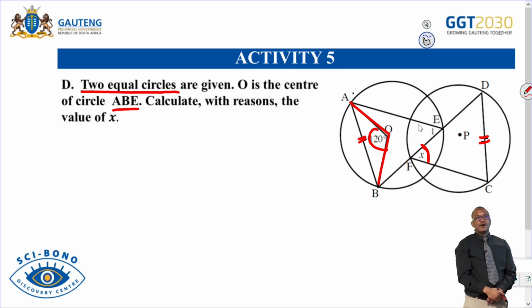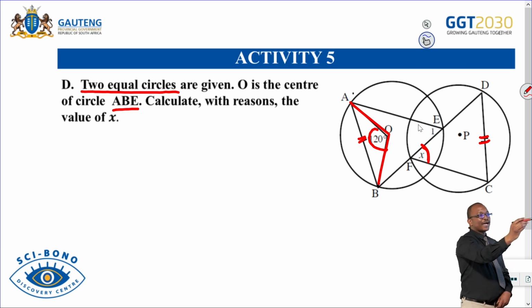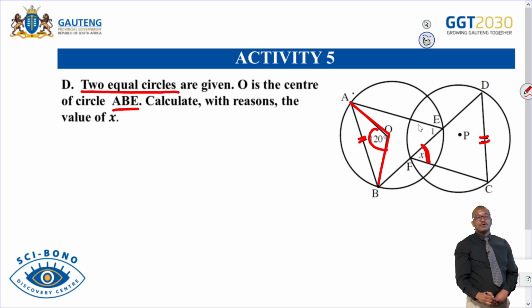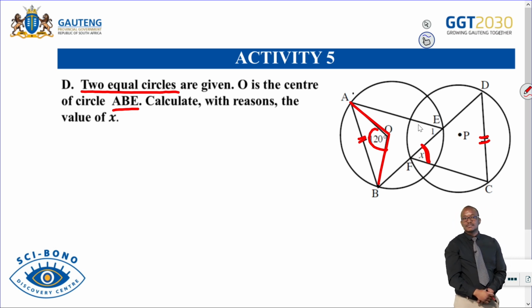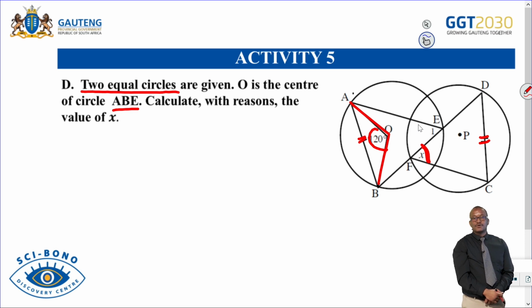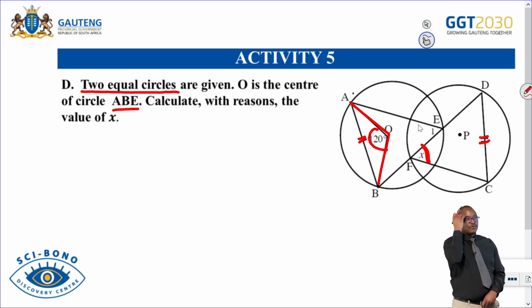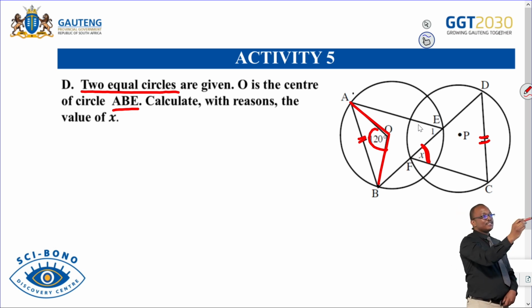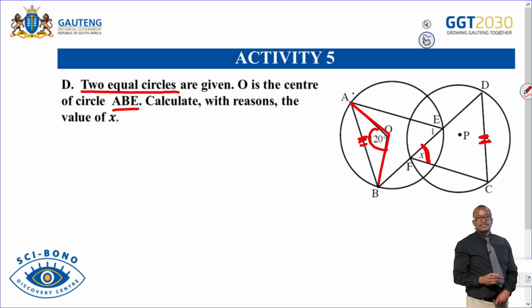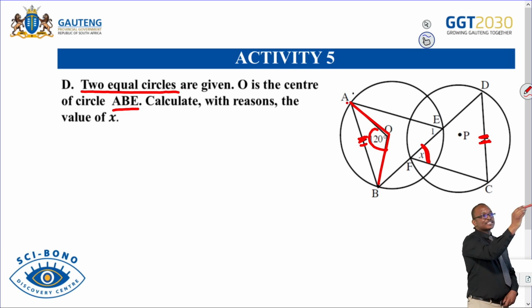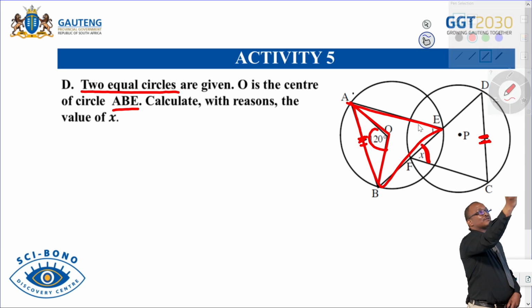Then how are we going to arrive at the conclusion that gives us the value of x? What is it that we need to do first? Remember, this chord AB and this chord DC are subtending equal angles.